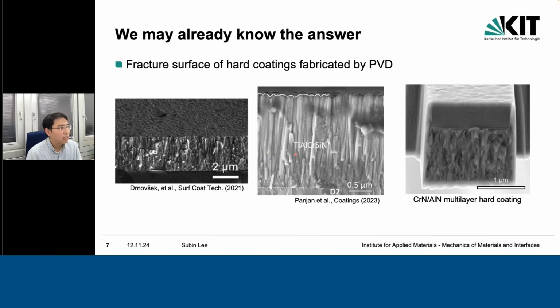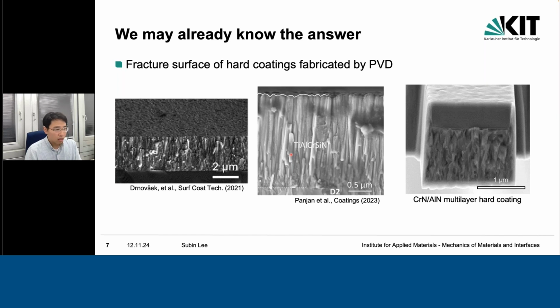As you can see in all these SEM images, they usually have columnar grain structures with a grain size of a few tens of nanometers. It's very nice to see their microstructure very easily. However, we can already guess that the grain boundaries can be the weakest point, because they just fracture along the grain boundaries, not by transgranular fracture behavior.